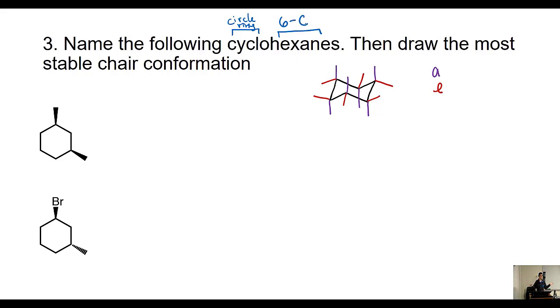If I have 5 carbons in a ring, what do I call it? Cyclopentane. If I have 8, cyclooctane. So when you hear cyclo, you think ring. We're mainly going to work with cyclohexanes because cyclohexanes are the most stable rings in organic chemistry. So we don't learn how to draw special cyclopentane, but cyclohexanes are very special.